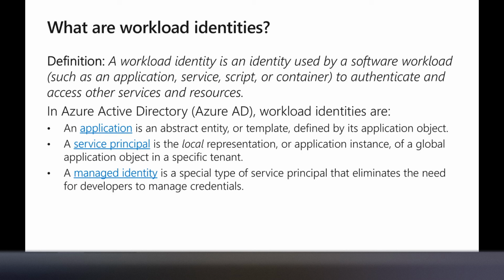These are identities which are either associated with a workload, or attached to the life cycle of the workload. For example, associated means you can create that identity and then associate it with multiple workloads if all those workloads need access to a resource.